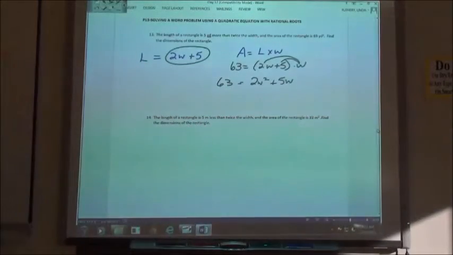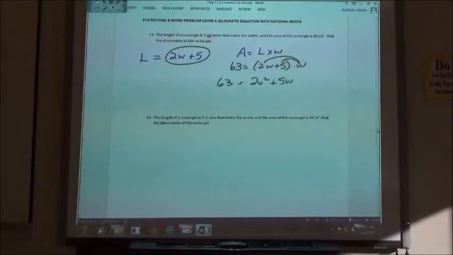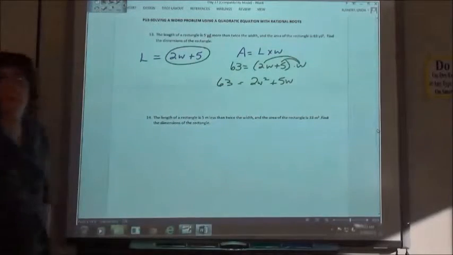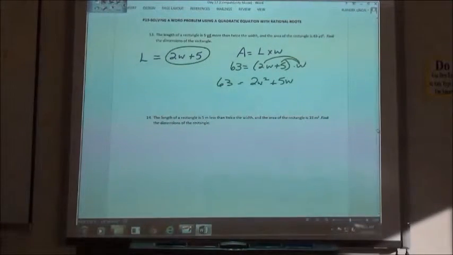Equals my 63. I've got that w squared term in there, which tells me I need to solve it by factoring, but before I can factor, what do I need to do? What do I have to have it equal to?